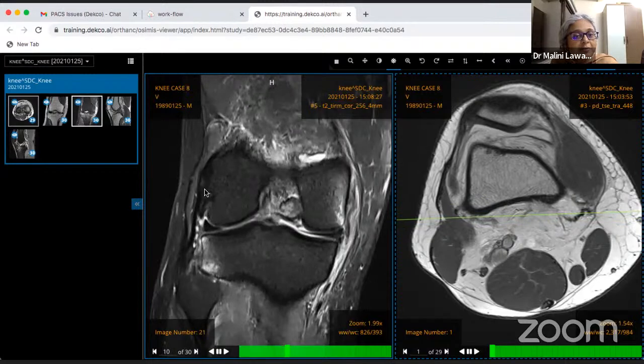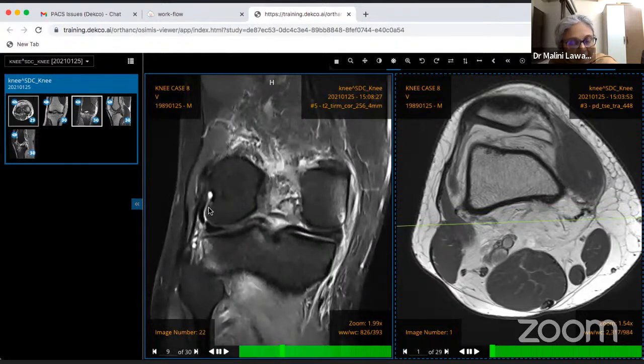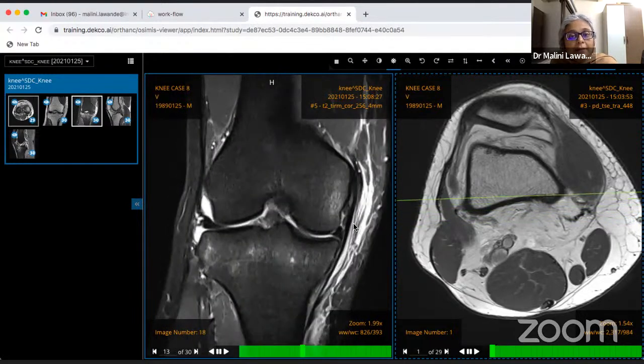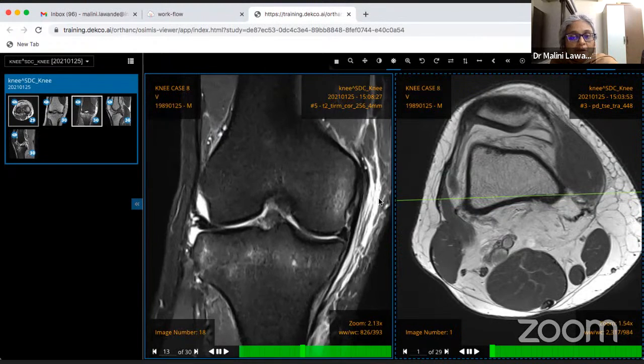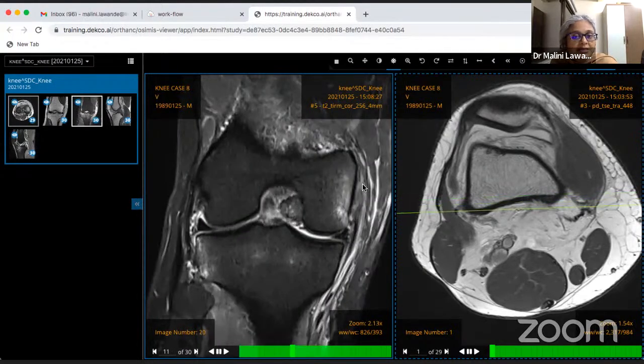You can see the fibular collateral ligament is intact. You can see the popliteus tendon is intact. Now we look at the medial collateral ligament. You can see a lot of subcutaneous edema, but can you see this medial collateral ligament looks continuous here? But as you go posteriorly, you can see there is a breach here. This section here, I hope the arrow is seen.